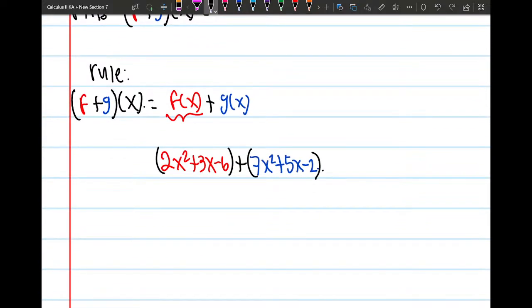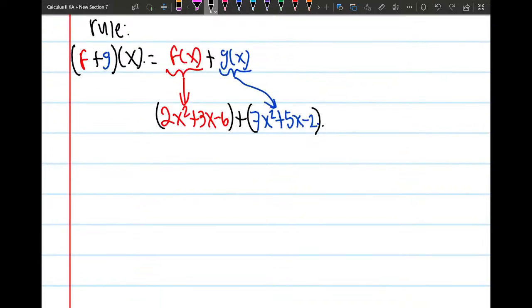Basically, you can clearly see what I'm doing here. And so what we can do is write this as 2x squared plus 3x minus 6 plus 7x squared plus 5x minus 2.